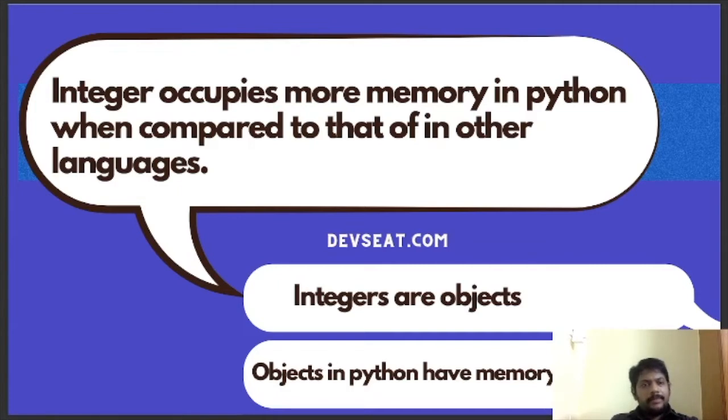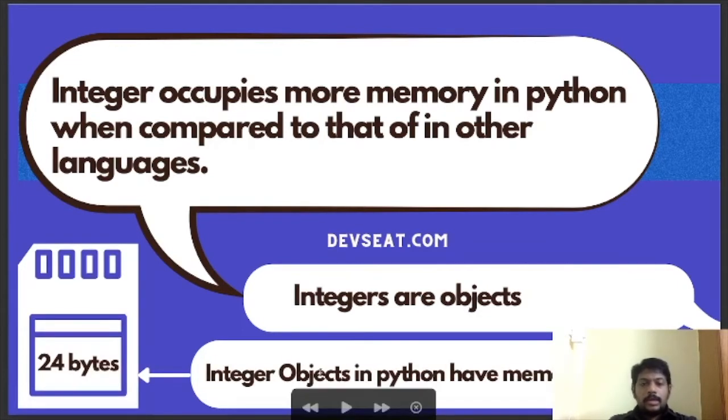Yes, in Python we don't have pointers, but this particular object is defined in the CPython implementation, where you will have pointers. That is the reason we are talking about pointers here. So objects in Python have memory overheads. That is one reason why Python integers occupy more memory.